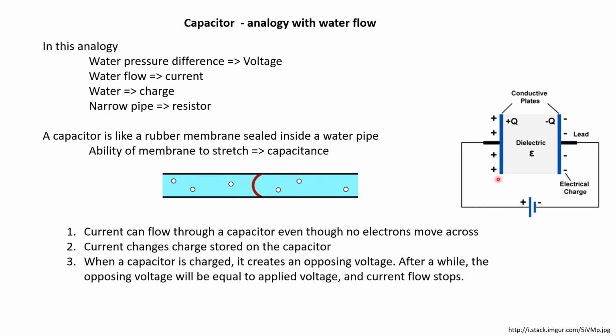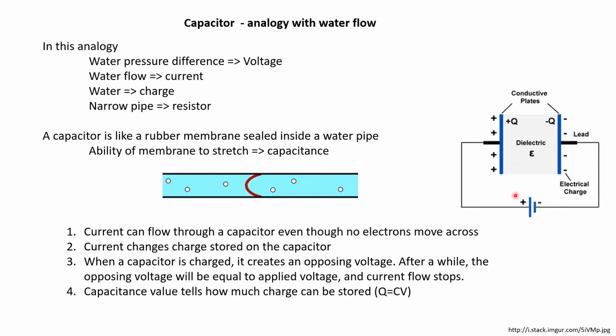So that is the point when you have maximum charge stored on the capacitor, and the amount of charge that is stored at that point depends on the capacitance of the capacitor. So if you have a larger capacitance, then you will have more charge accumulated for the same amount of voltage, and if you have less capacitance, then you will have less charge accumulated.